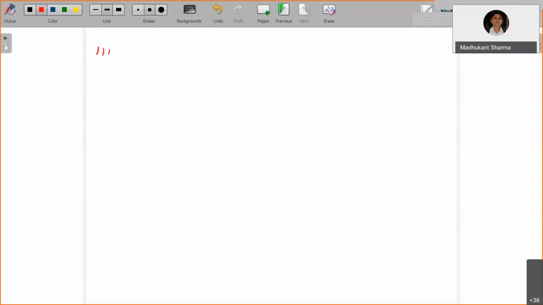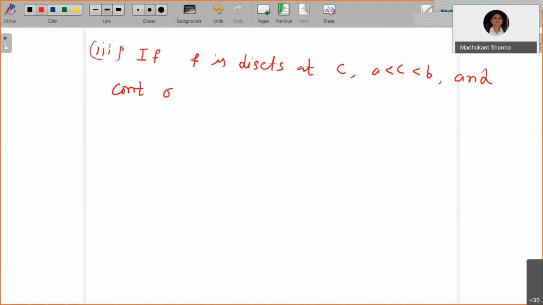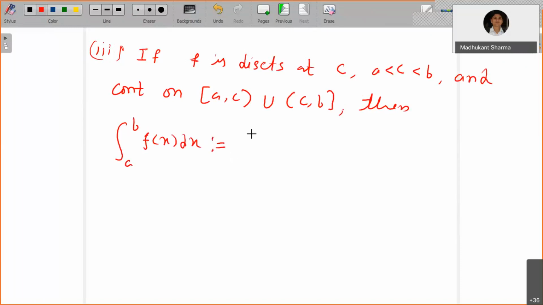If f is discontinuous at c, where c is such that a is less than c less than b, and it is continuous on the union of [a, c) and (c, b], then the integral from a to b of f of x dx is defined as the integral from a to c plus the integral from c to b.